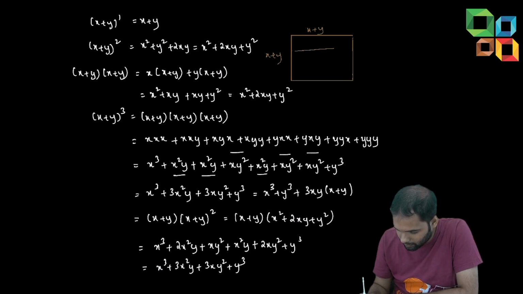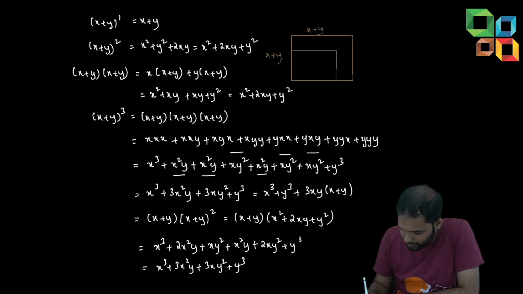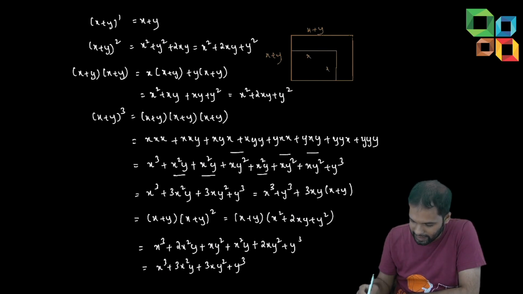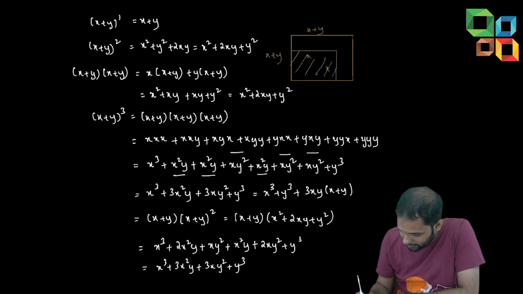Let us just take some particular value for x. Suppose this is x. If this is x, you can see that the area I drew right now, this entire area, would be x square. Now look at the remaining part, because the entire length is x plus y. This remaining part here, let me change the color.